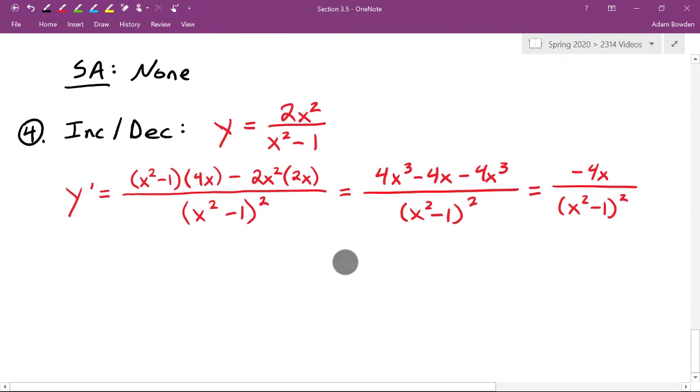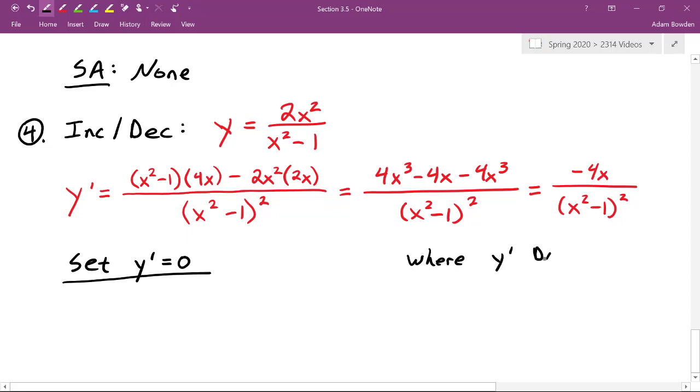So, in order to use our first derivative, this is not something we had to do in the last one. We have to solve it for 0. So set the first derivative equal to 0, but also we have to determine where the first derivative does not exist. There's two things we're going to have to worry about here for our critical numbers.